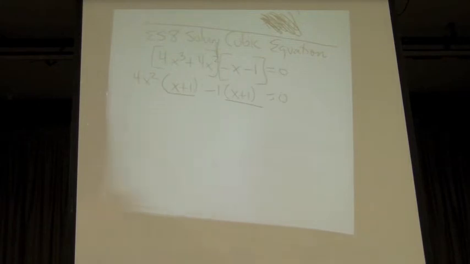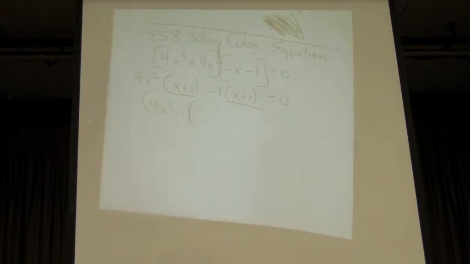And now, factoring by grouping, the rest of it looks like this. You take what's in front of this problem, and what's in front of this problem, and you put them in their own set of parentheses. And then you write x plus 1 how many times? Once.